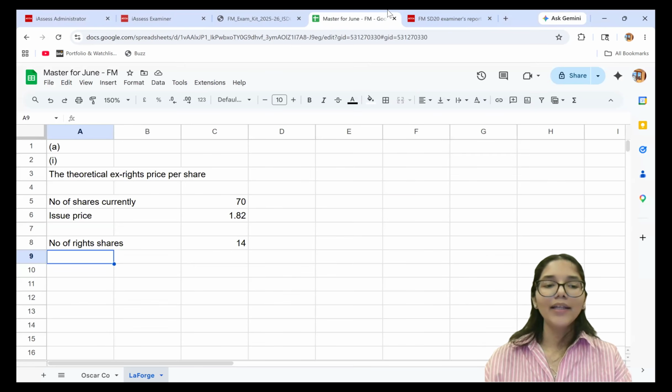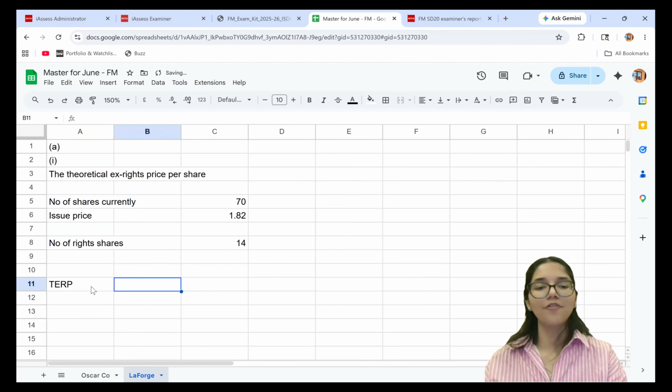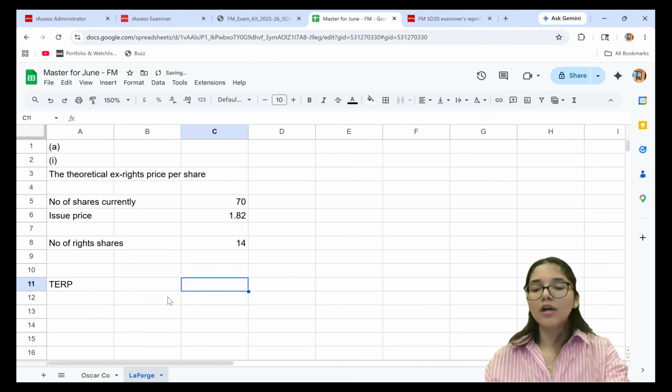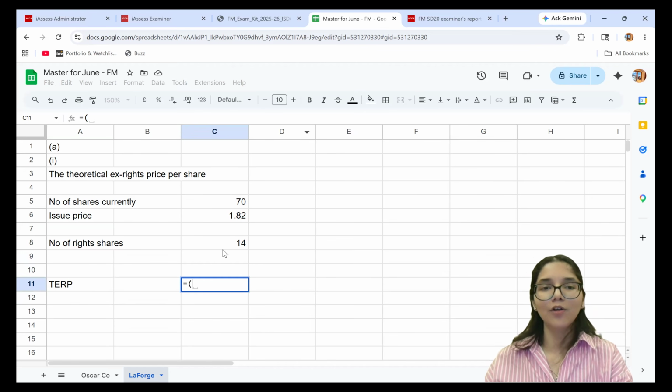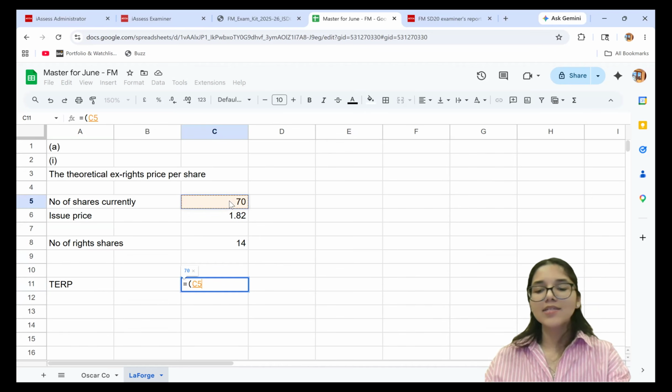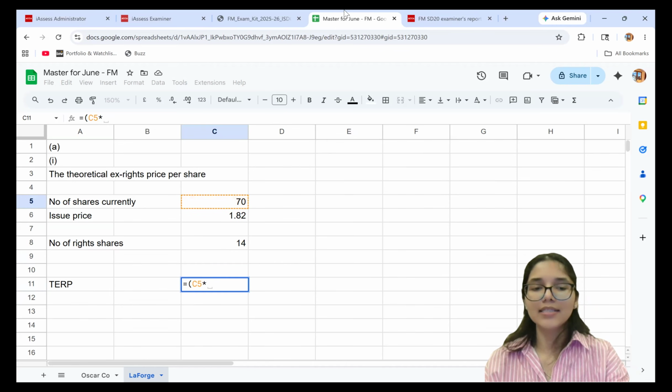Okay. Now I know my new number of shares, my old number of shares also. Using TERP is now very, very easy. So how will I go for it? Firstly, I will take my existing value of the equity. I have this many shares right now, and one share in the market is worth $2.6.